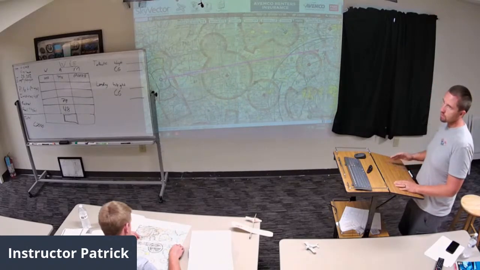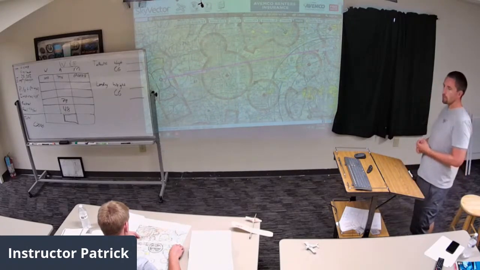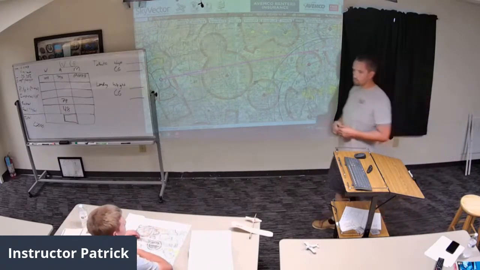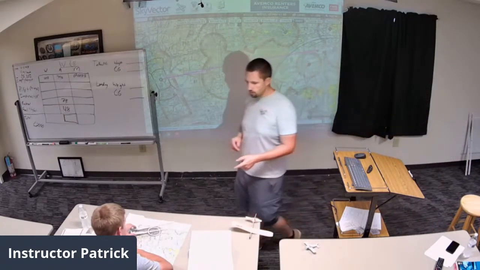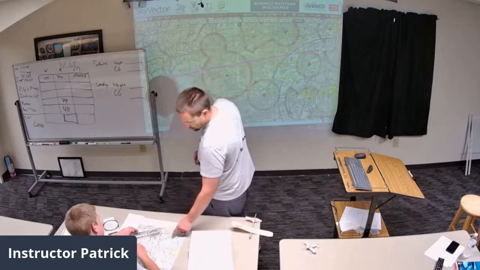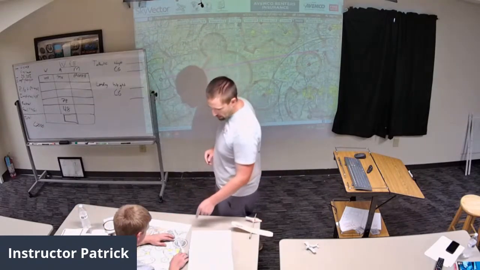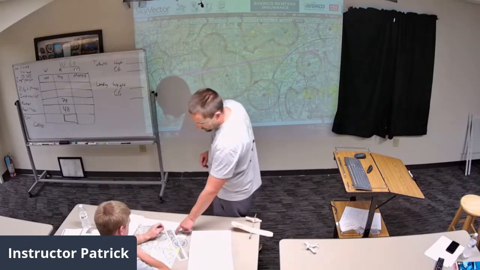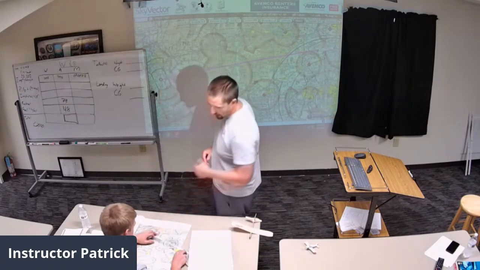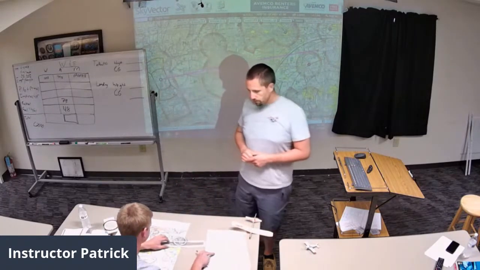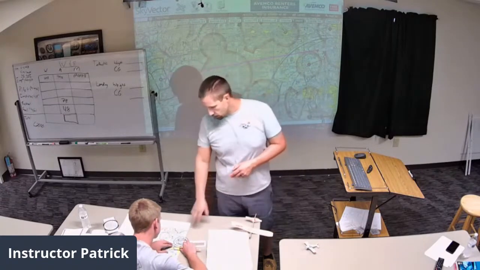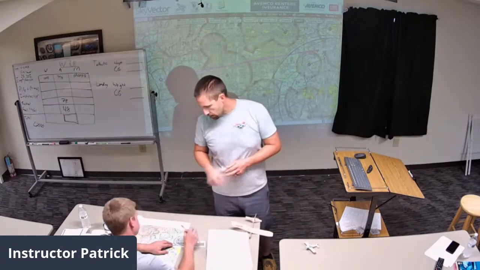Now let's find out what direction we need to be flying. The way that we'll do that is we're going to use the plotter, and we're going to put the grommet on Lake Norman, and then we're going to line up the long edge of the plotter with our line to Asheville. We're going to rotate the rotatable part of the plotter.